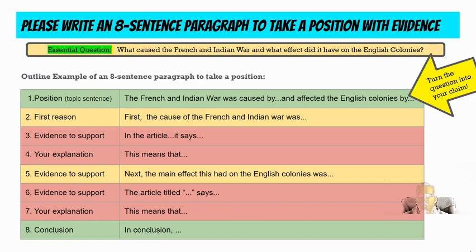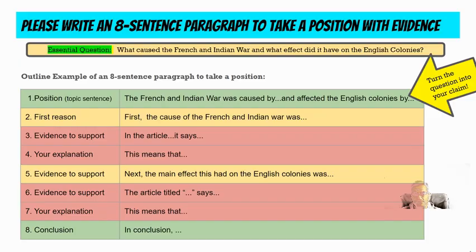You may use the writing space on the next slide to create your paragraph response, or in the Google Classroom, there is a template that has some sentence starters put into it and is color-coded like this outline. If you choose, you may use that tool to write your paragraph.